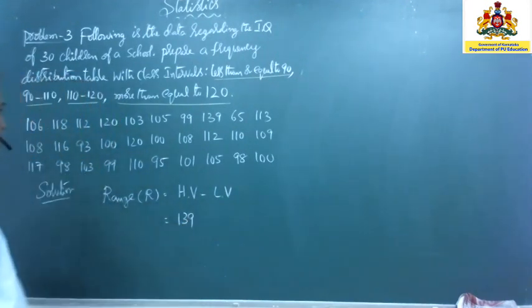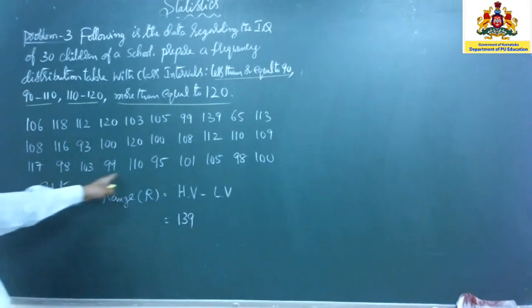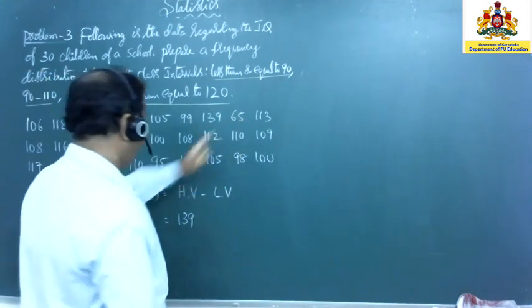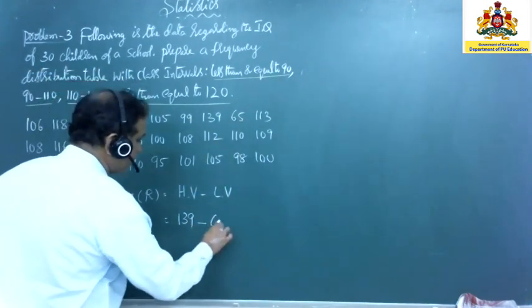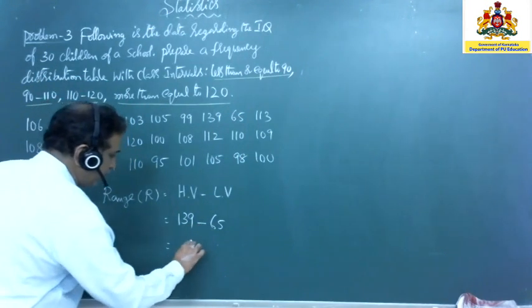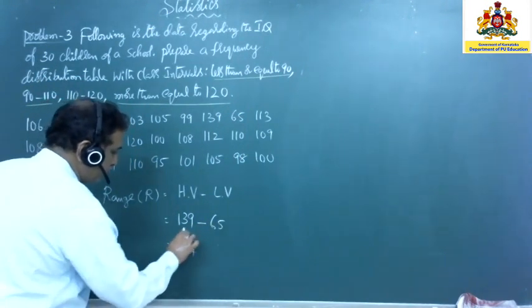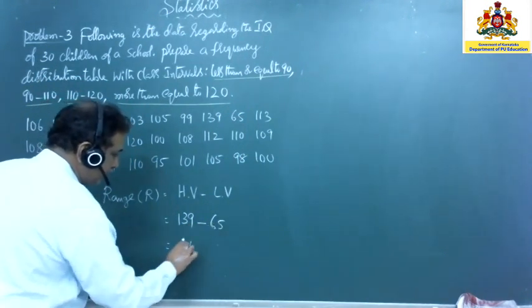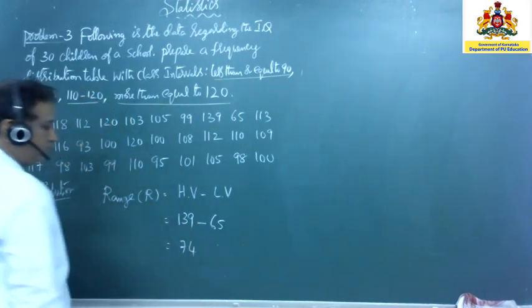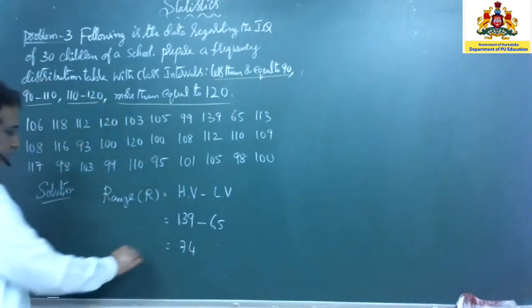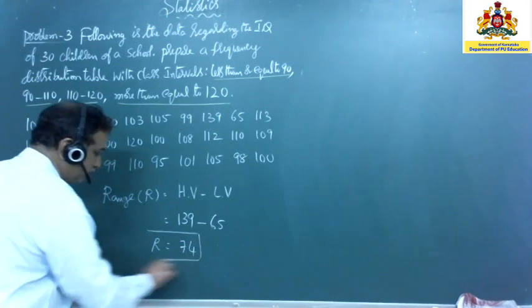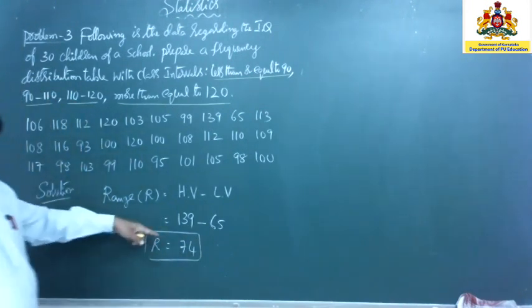Next, what should be the lowest value? If you observe among the data, 65 is the lowest value. The range is 139 minus 65, which is 74. But it is not necessary to find out the range for this problem.